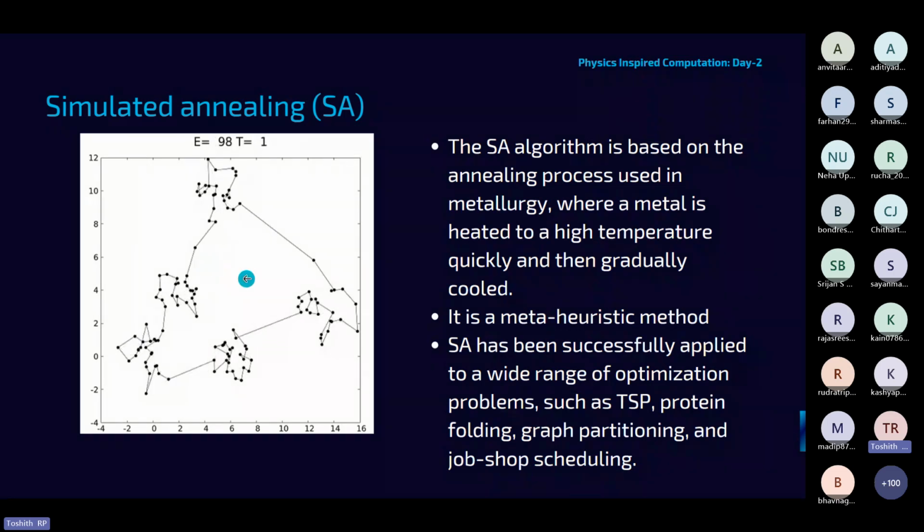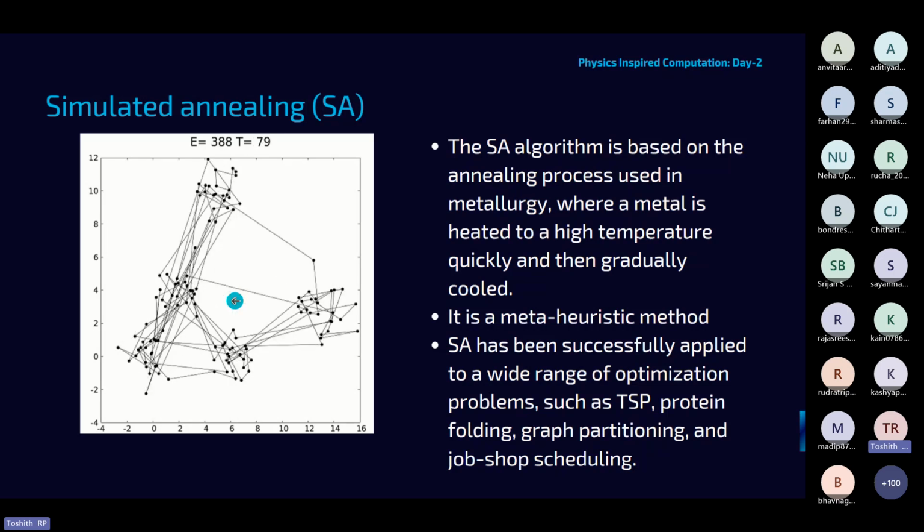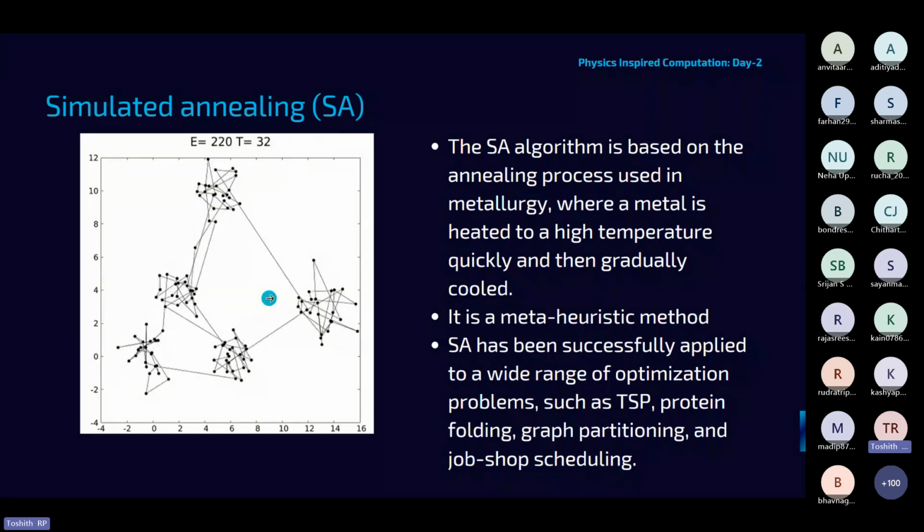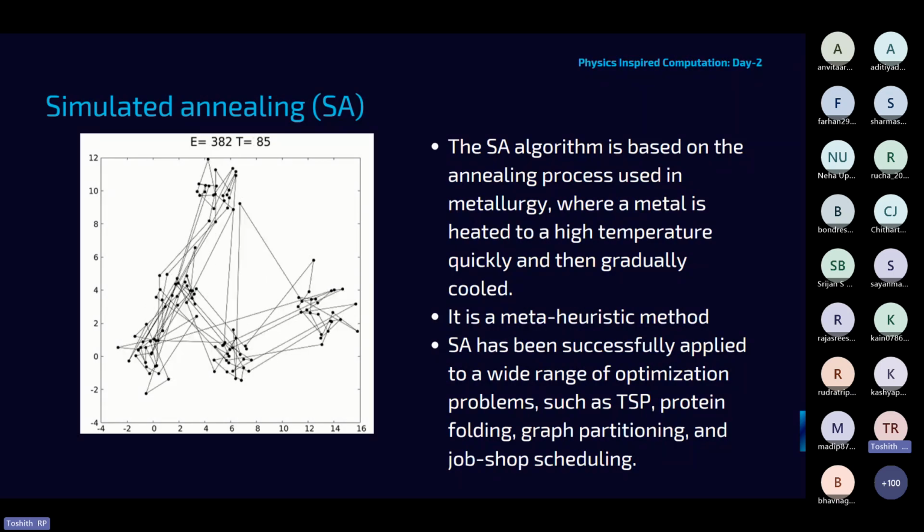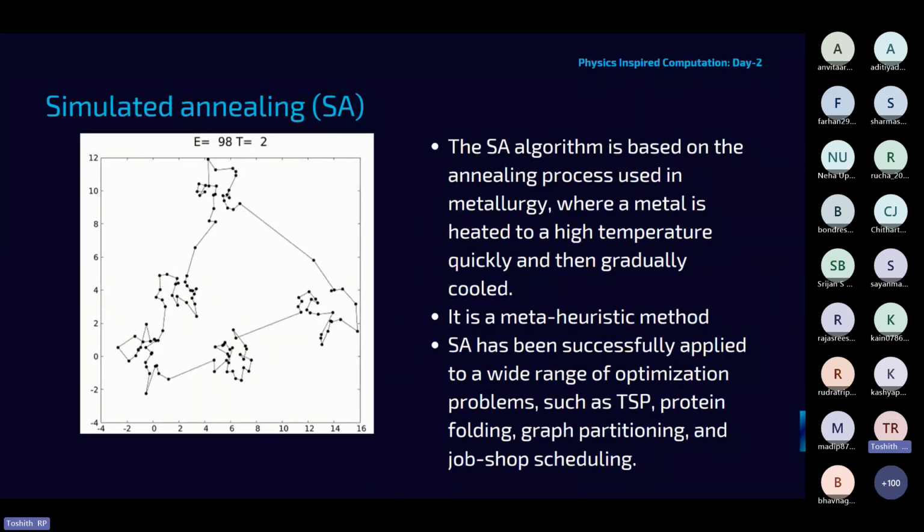This is obviously not the best travel distance. Our program then gradually lowers the temperature, which is a parameter that we control in the program. As the temperature gradually reduces, the energy of the program is reduced and we reach the optimum solution.